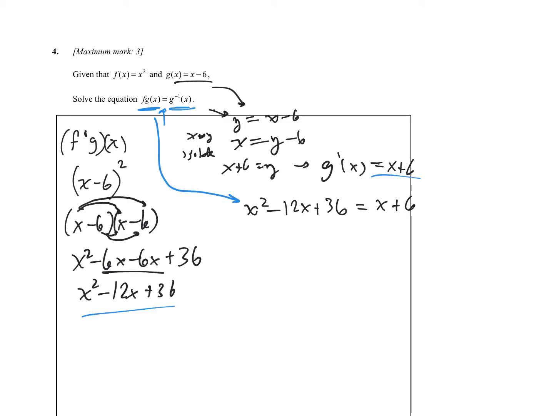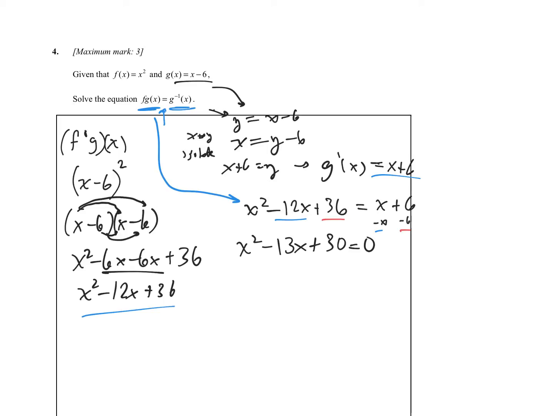This equals this, and then I need to move the terms over to the other side. So that's x² − 13x, because I'm going to do −12x − x. Then I'm going to do 36 − 6, plus 30, equals 0. And then I would solve this.